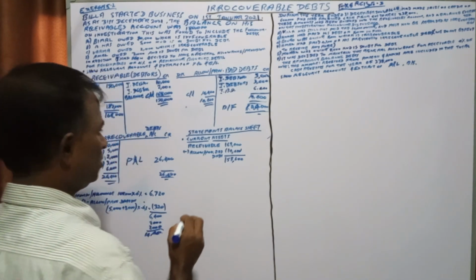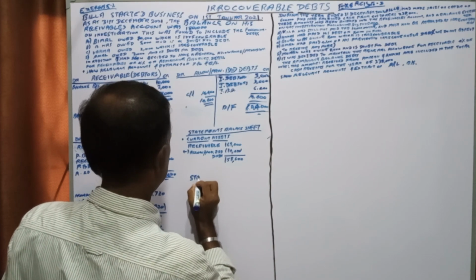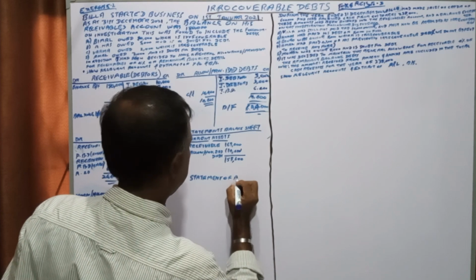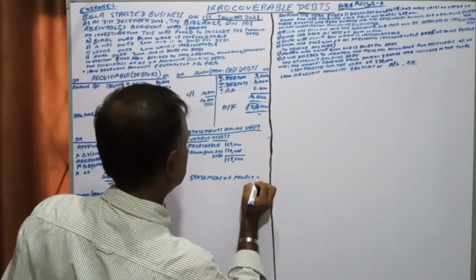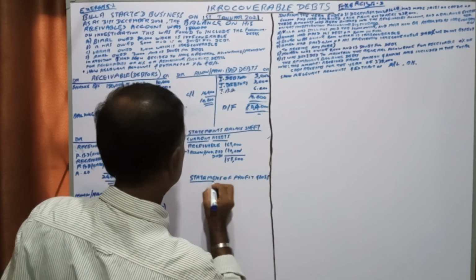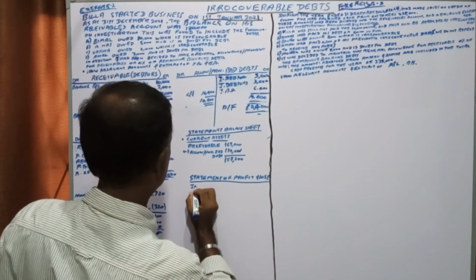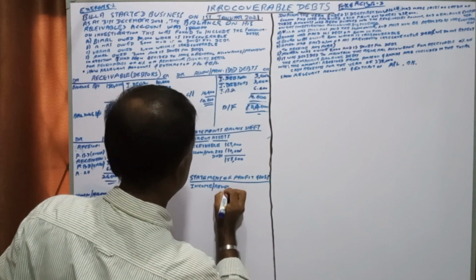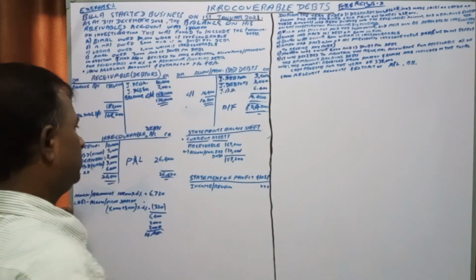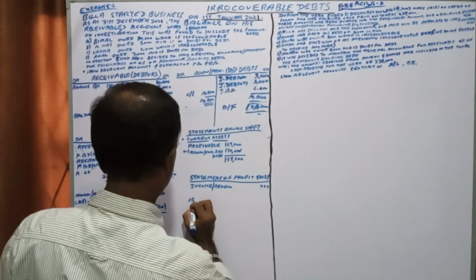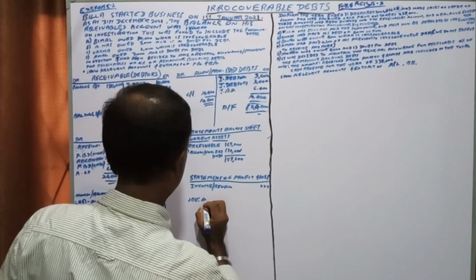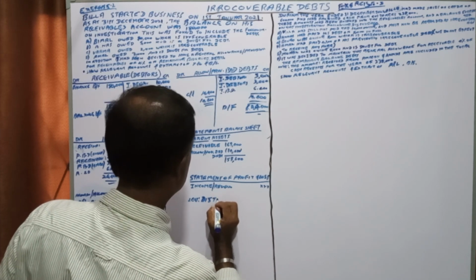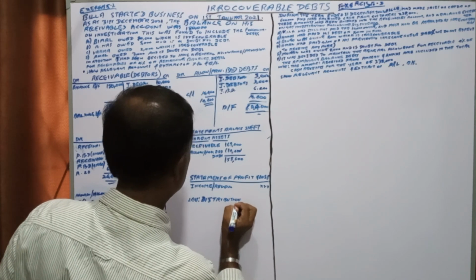Under the statement of profit and loss account, income will be there from revenue, less expenses, admin expenses, distribution expenses.